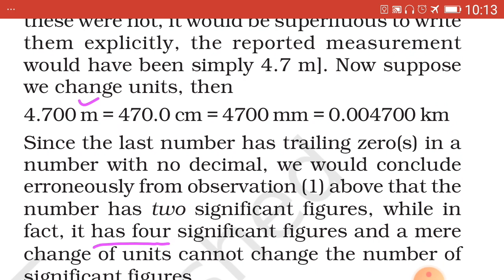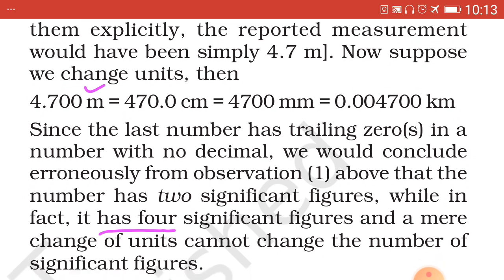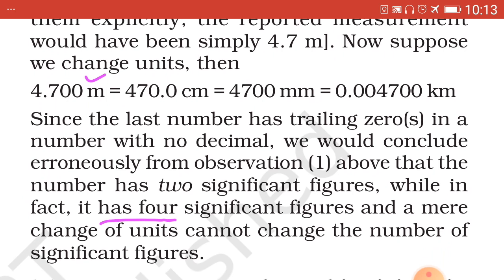Why is it so? Say the first one, if you change the units, the last number has trailing zeros in a number with no decimal. We would conclude from the above observations that the number has 2 significant figures. First one, 4.700 meter.